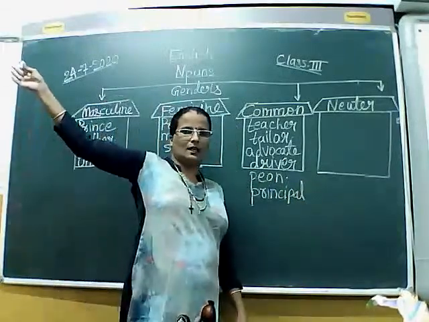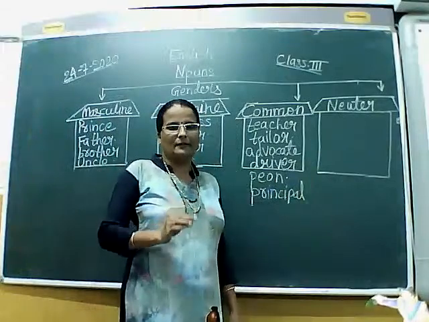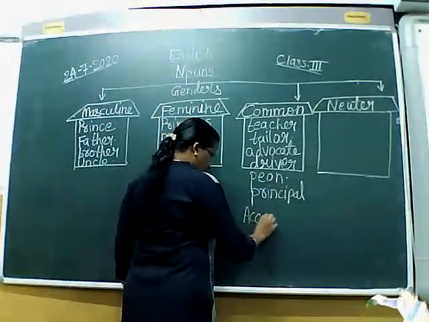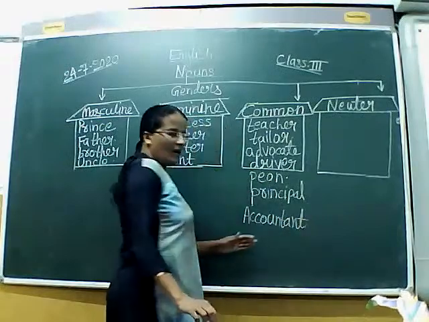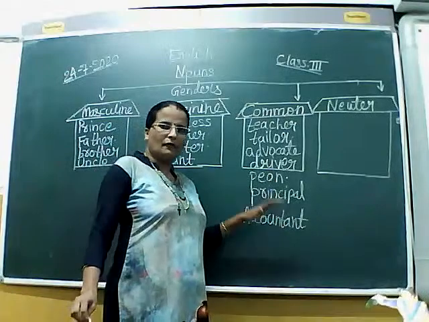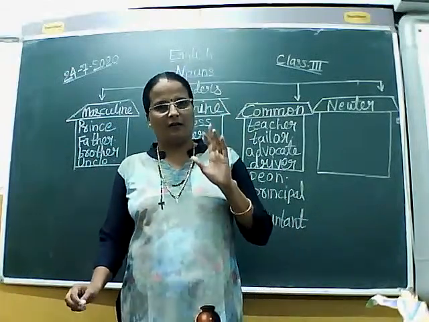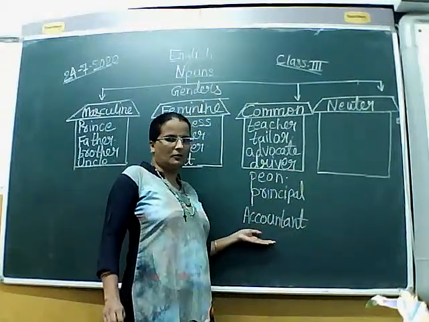You know that Prashant sir is sitting at the counter to collect your fees. His profession, we call him accountant, right? Whether the accountant of a bank is a lady or a man, we call both of them accountant only.